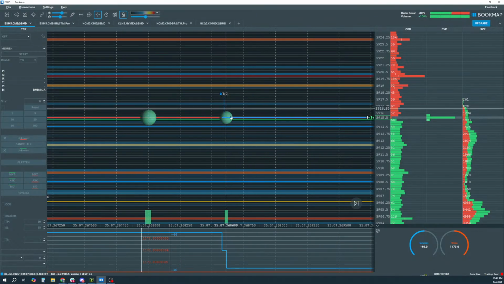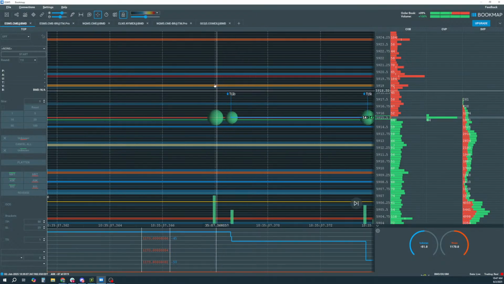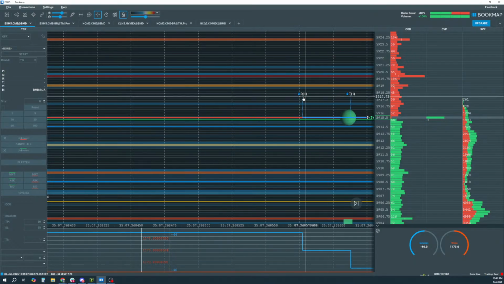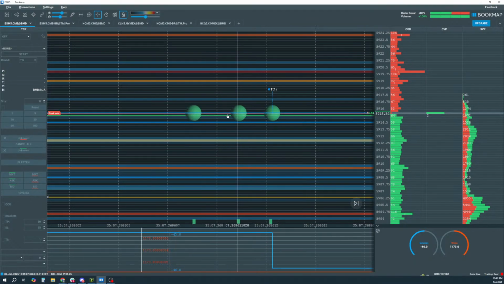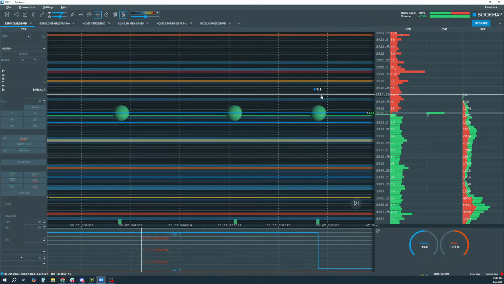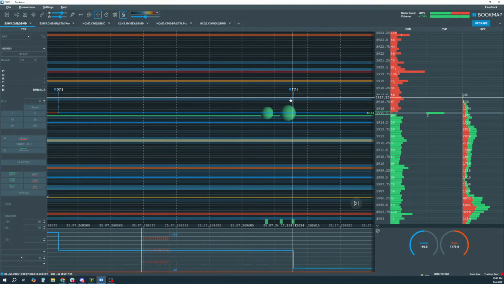I'd have to fiddle with my volume settings, but anyway, we know that one transacted here and another one transacted here. These are the icebergs.